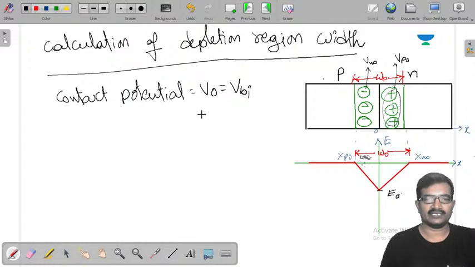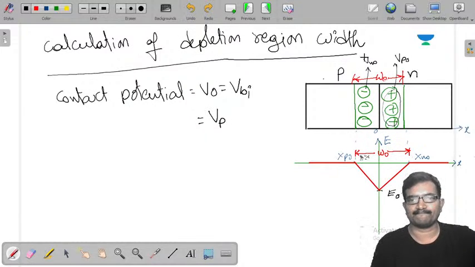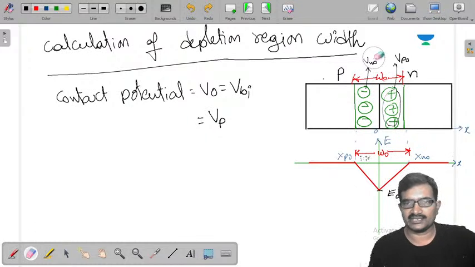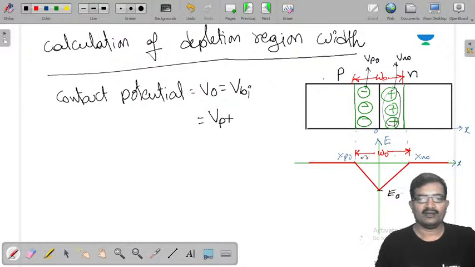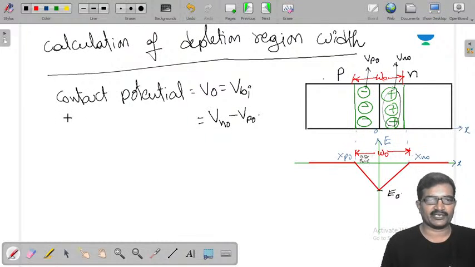Its value is Vn0 minus Vp0. Sorry sir, this is the N region and P region: in the P region Vp0, in the N region Vn0. So it is Vn0 minus Vp0. Contact potential, it is also called built-in potential.